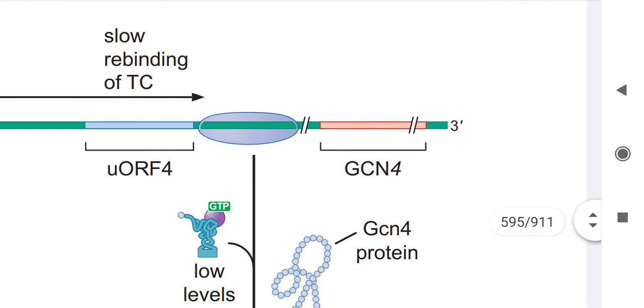But one main important thing: the upstream open reading frame also has a start codon, while your main primary open reading frame that will code for GCN4 will also have a start codon. It is much farther downstream.